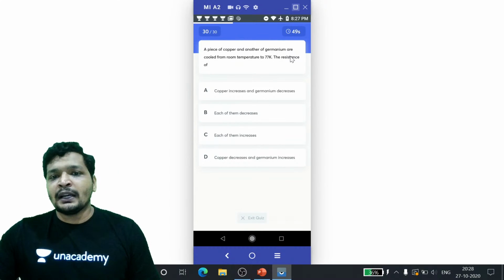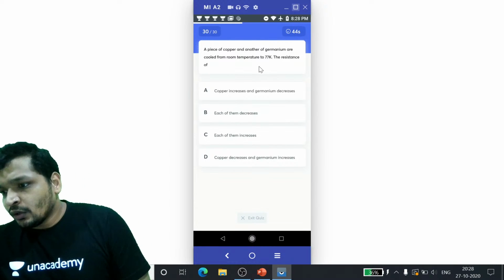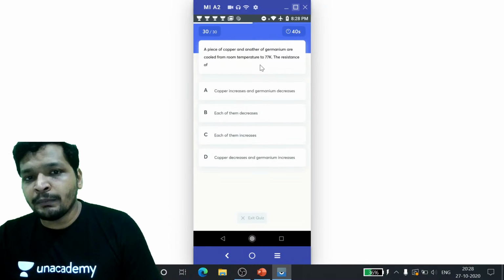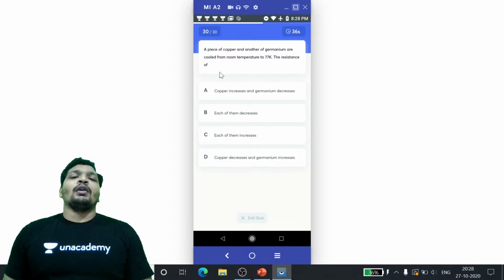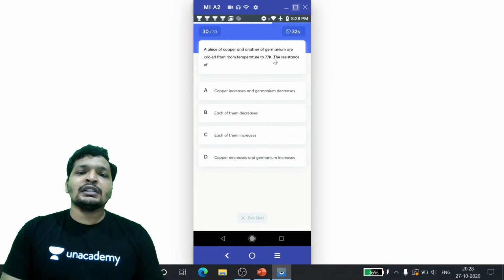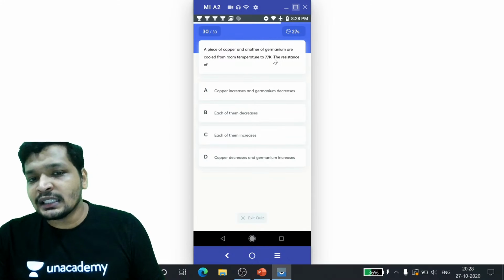A piece of copper and another of germanium are cooled from room temperature to 77 Kelvin. The resistance of... so copper is a conductor, germanium is a semiconductor. When you cool down germanium, the carriers freeze out, its conductivity decreases and its resistance increases.